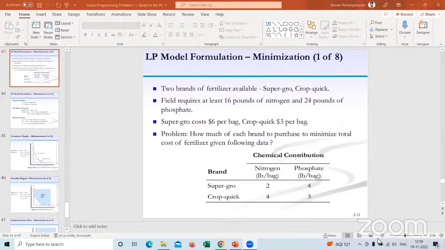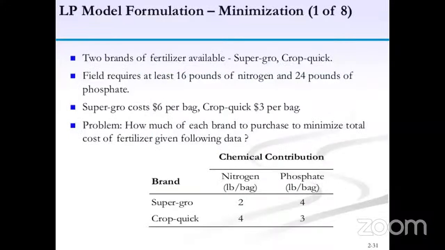So, an example for a minimization problem. There is a question we need to solve. Two brands of fertilizer are available: Super Grow and Crop Quick.